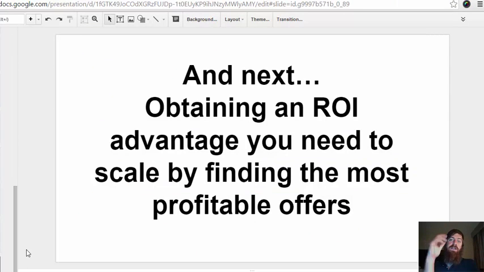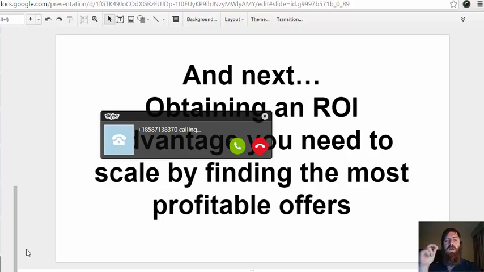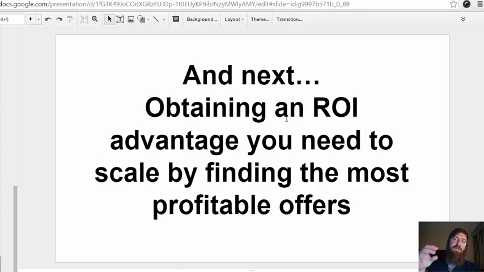Now that's it for this section. I hope that's been enlightening. Your landing page in AdWords is extremely important, and it really defines how successful you are in your campaigns.